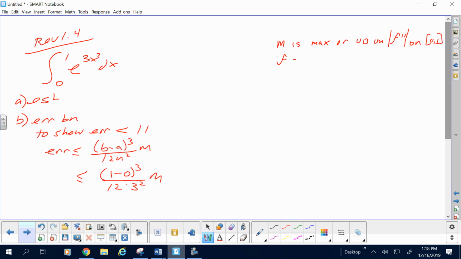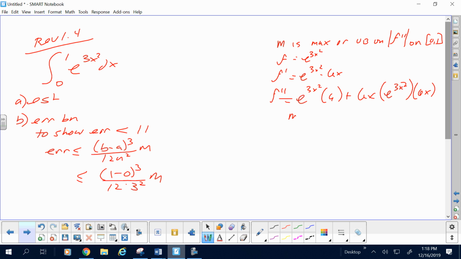So, if f is e to the 3x squared, and f prime is e to the 3x squared times 6x, and f double prime is e to the 3x squared times 6 plus 6x times e to the 3x squared times 6x. You done? Now, I'm trying to say, what's the max of this on 0 to 1?